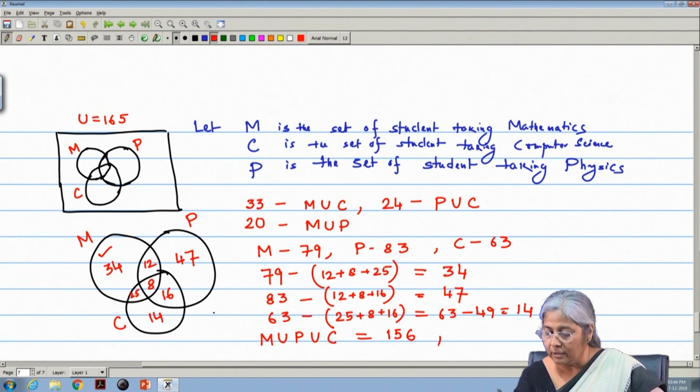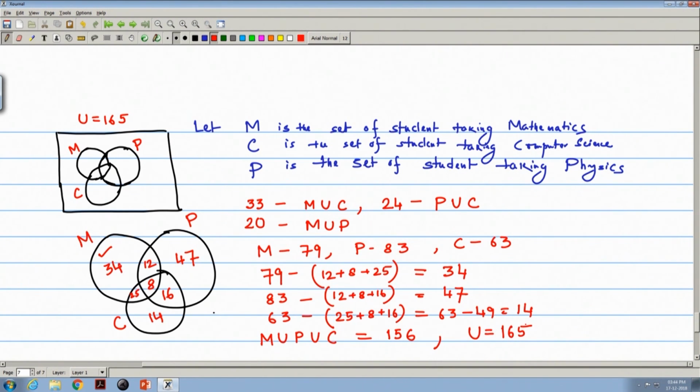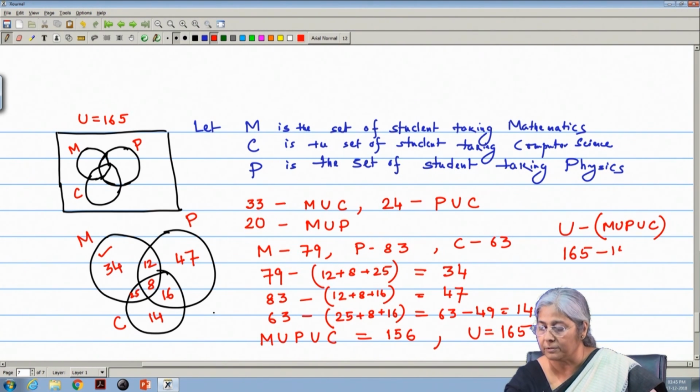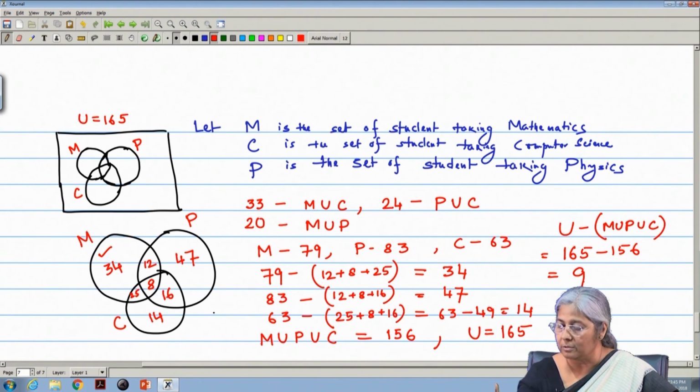And since our universal set, that means all students, is 165 students, the students who are not taking any of the subjects are clearly U minus that union, that means 165 minus 156, which is equal to only 9 students.